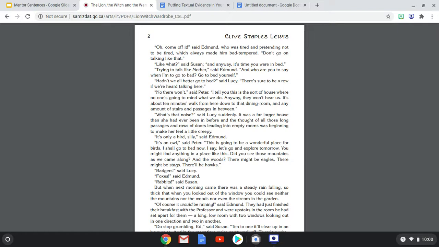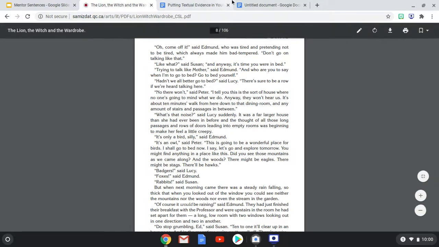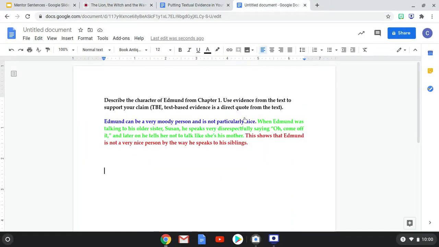But in the time when C.S. Lewis wrote this in the 1940s and 1950s, silly was almost a dismissive way of saying stupid. So we'd have to get that context. So I can actually add that.